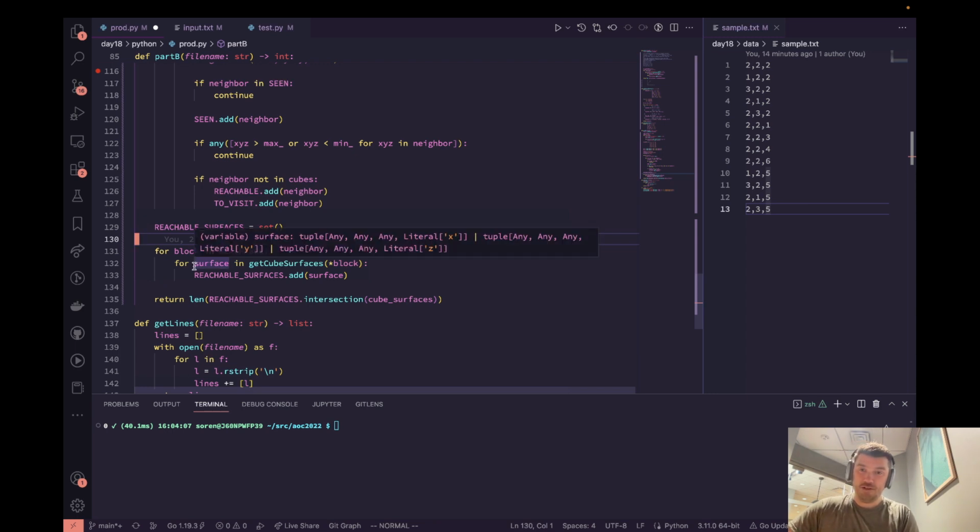We get all the surfaces of those blocks, and we add them to a list of reachable surfaces, so that those would be every single surface that would be reachable, and then we get the intersection between those and all the actual surfaces of the actual cubes, and the length of that is the answer.